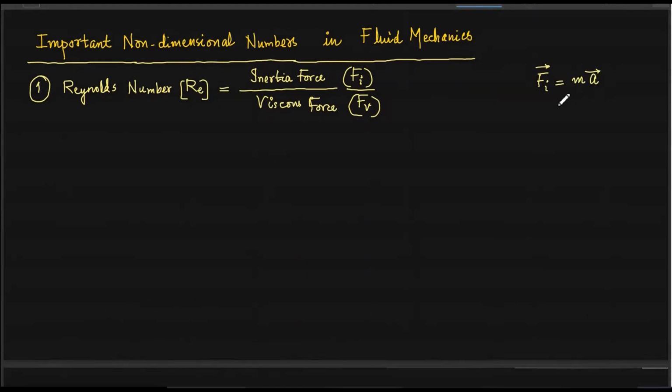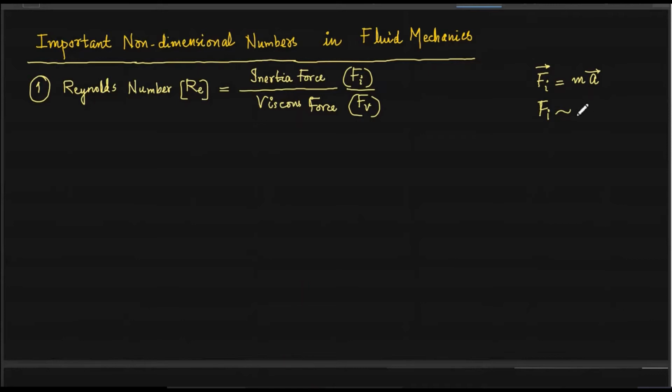So m into a, and we can get an expression for Fi in terms of the density, area of section of flow, velocity, etc. in a dimensional form.